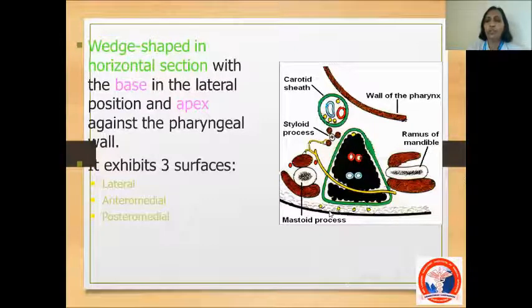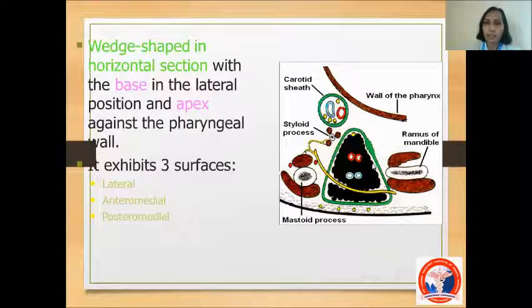Laterally or superficially, it is covered by skin. The substance of the gland shows three surfaces. One is the lateral surface, which is nothing but the superficial surface. Because of its wedge shape, there is an anteromedial surface which goes deeper from the superficial. So this is the superficial surface.